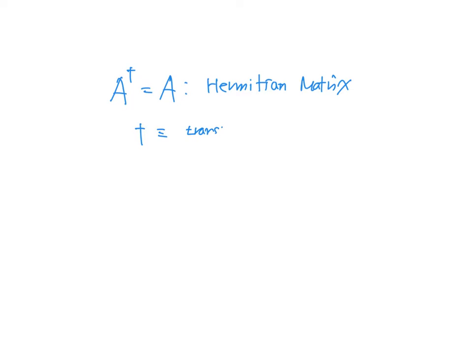When A dagger is A, it is called a Hermitian matrix. A dagger is actually transpose plus complex conjugate.